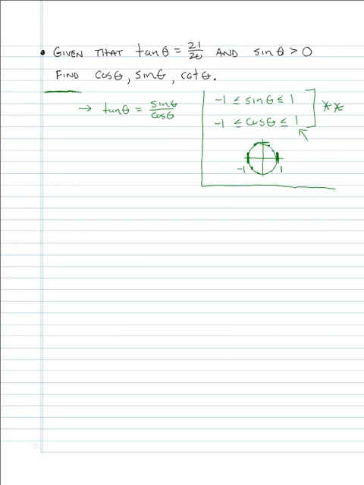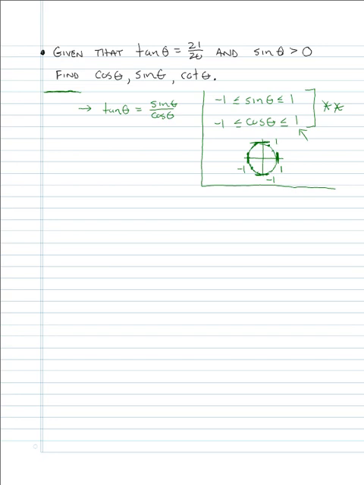Now, on the other hand, this position up here is where y is equal to 1, and the position down here is where y is equal to -1. And remember, the sine of theta has to do with a position on the unit circle, and no matter where we are on the unit circle, the sine of theta is the second coordinate, and the second coordinate is never smaller than -1 nor bigger than +1.